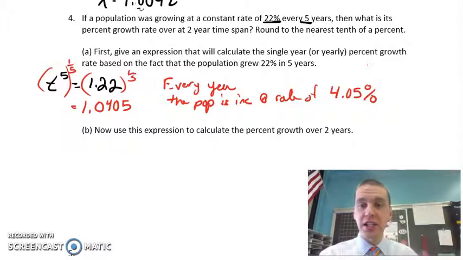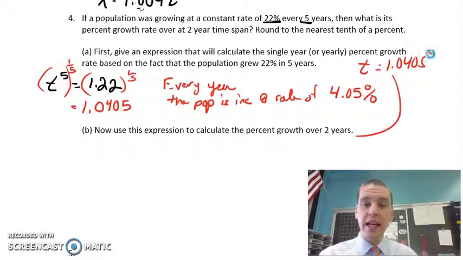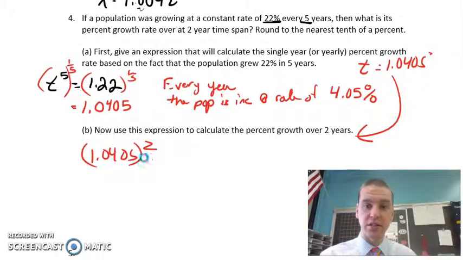That helps us because we now know that t equals 1.0405. If we want to find 2 years, we can then just say 1.0405 raised to the 2nd, right? Because if it's every year, we go to 2 years. If we do that, we're going to get 1.084, meaning that we're at 8.4%.